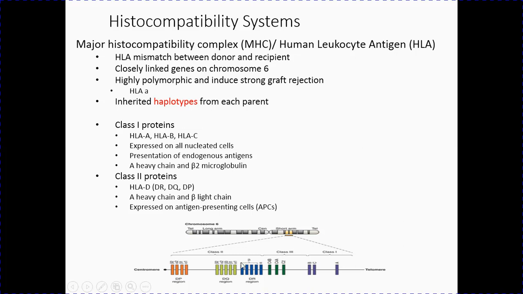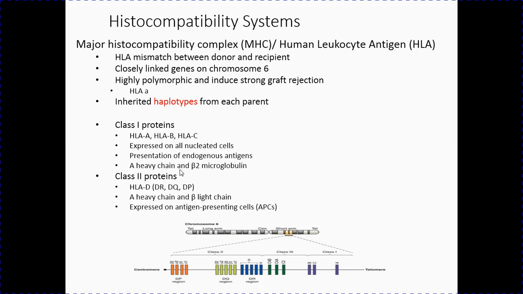There are 3 gene regions that code for class 2. These are all called the D region, but there's a DR region, a DQ region, and a DP region. So there are 3 regions, all classified together as the HLA-D region.